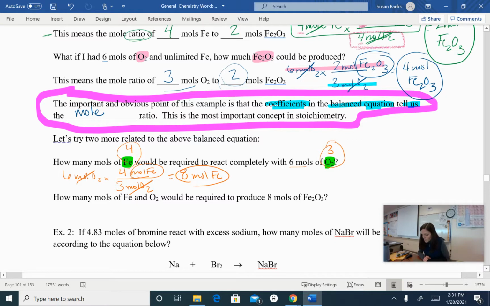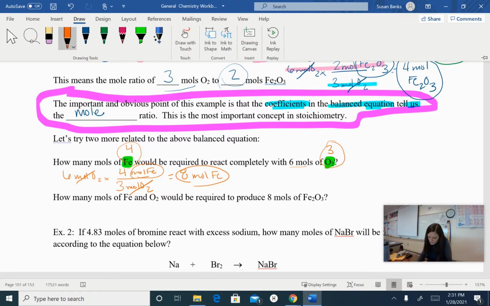Okay? So this next one is how many moles of iron and oxygen would be required to produce 8 moles of iron 3 oxide? So let's grab the coefficients. We already have the coefficients for oxygen and iron already because we've done this.